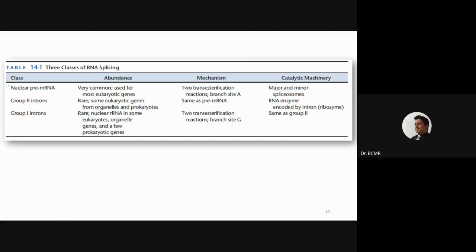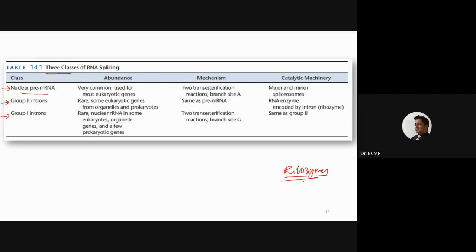So the three things are nuclear pre-mRNA, group 2 introns, and group 1 introns.